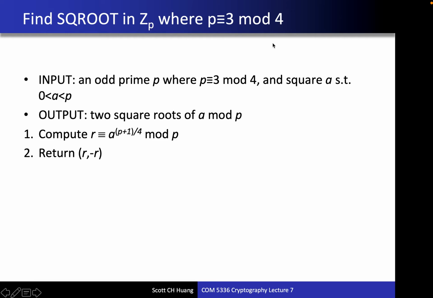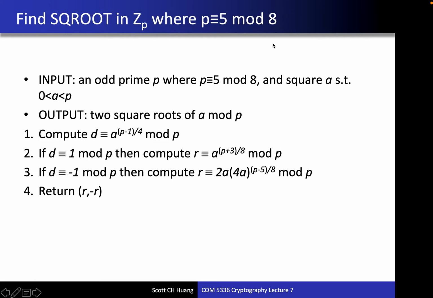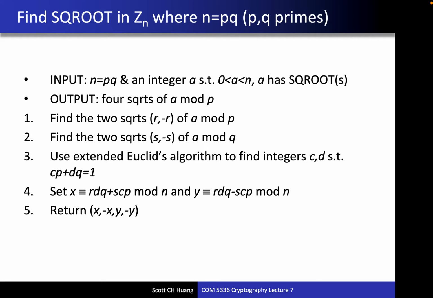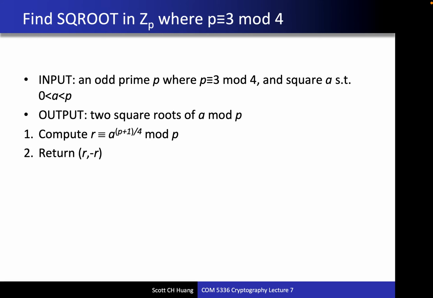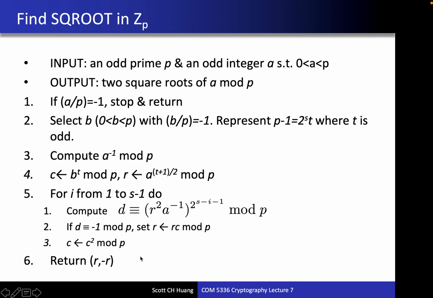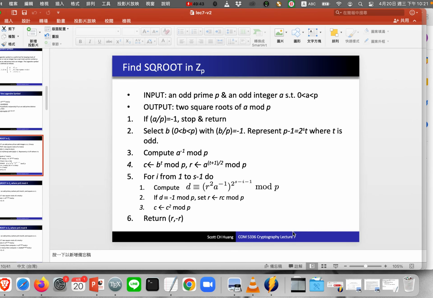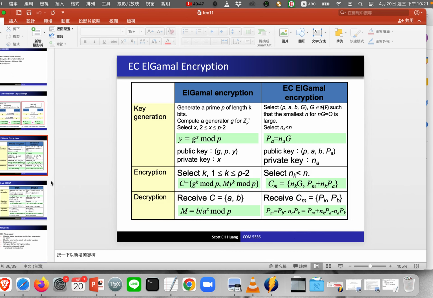When your p is 3 mod 4, that is okay. If it's 5 mod 8, that is also okay. Well, if it's neither 3 mod 4 nor 5 mod 8, then you can run this. So pretty much there's no problem at all. You can do the square root.